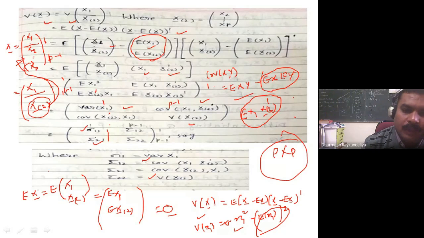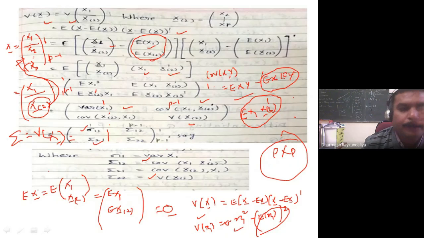So I can write it as sigma 1 1. It is nothing but the variance of x, and I can call it sigma. So the variance of x is the matrix of sigma 1 1, sigma 1 2, sigma 2 1, sigma 2 2.